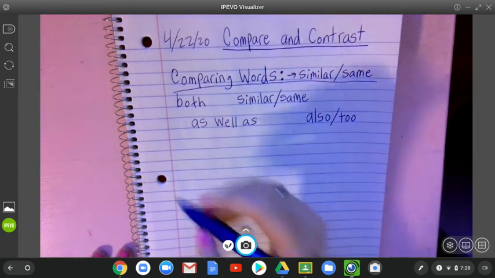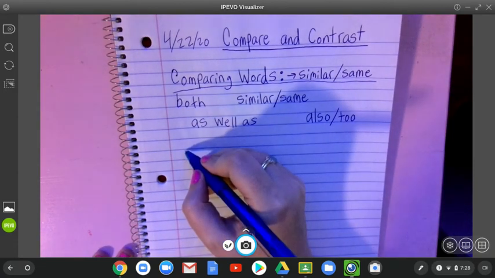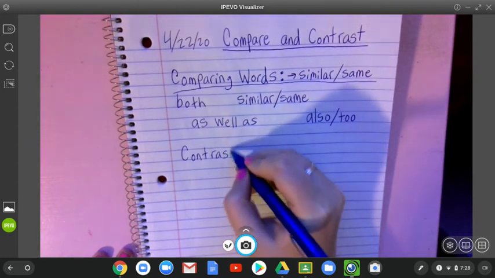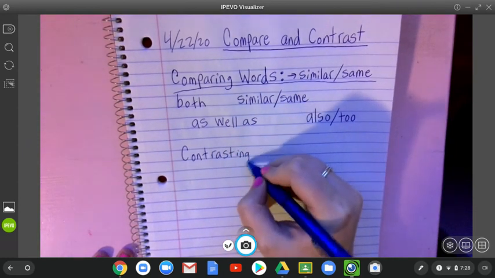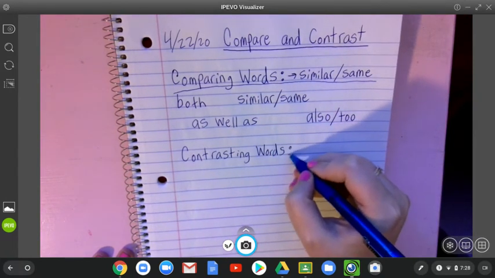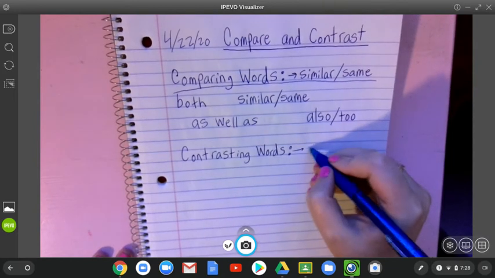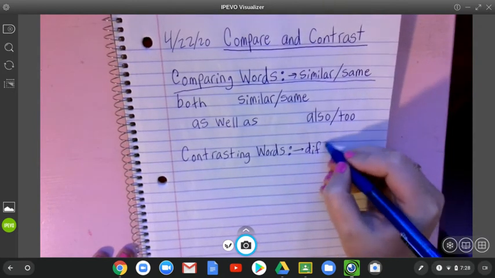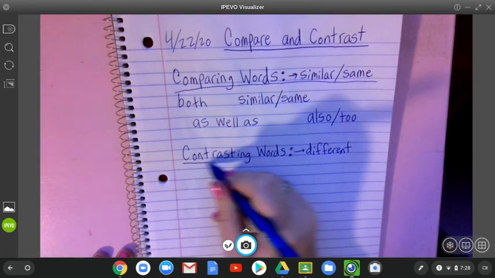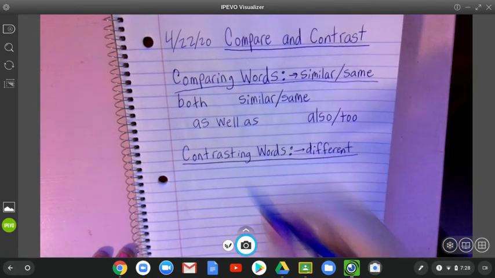Okay, on the other side of that, or what I could say is, on the other hand, contrasting words are words that show that things are different. Let's say we're going to contrast the length of our hair.